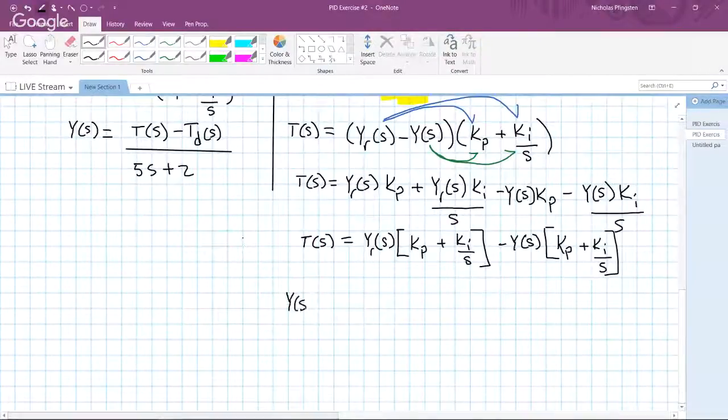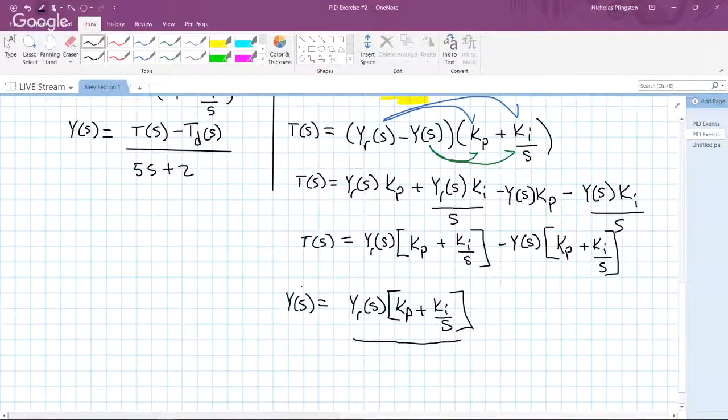Capital Y of S will equal capital Y R of S times Kp plus K sub I over S. And I'm just going to go ahead and put the 5S plus 2 in its denominator. If that is a little too fast for you, well, that is what it is.